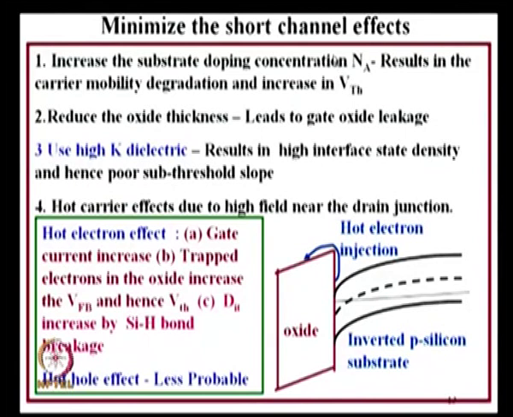Supposing this is also 4.05, the band gap may be large, but the inverted electrons can get passed through the oxide. There will be gate current, or they can get trapped in the oxide. These are some of the things one has to remember when one thinks of going to high K dielectrics.